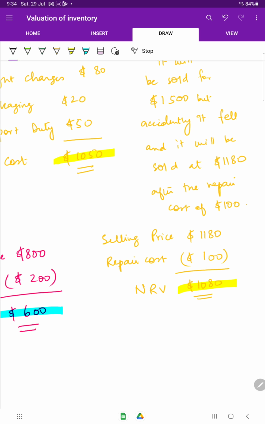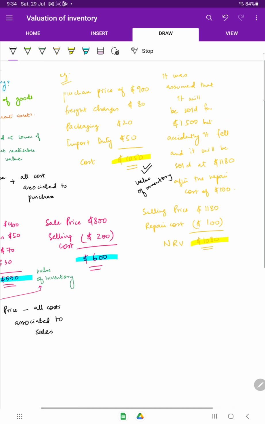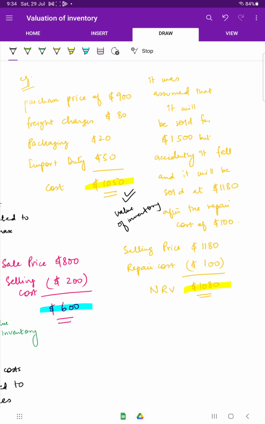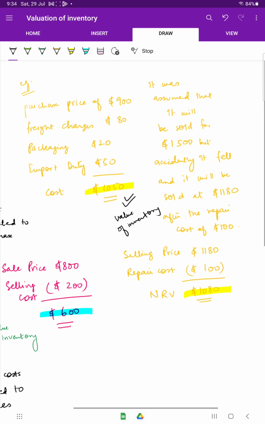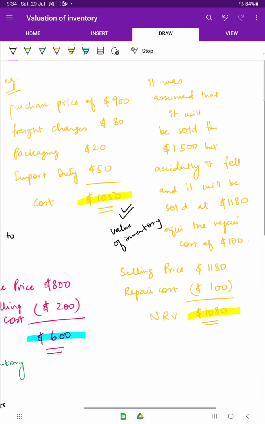Which one is lower? The cost or the NRV? Yes, exactly, the cost. So this will be my value of inventory. I'm using different colors for different examples so that you can have separate examples written down in your notebook, and when you revise you can easily figure out which value should be chosen as your value of inventory out of which example. Any problem so far? Please copy this example down. Till then, I am making another example for you.